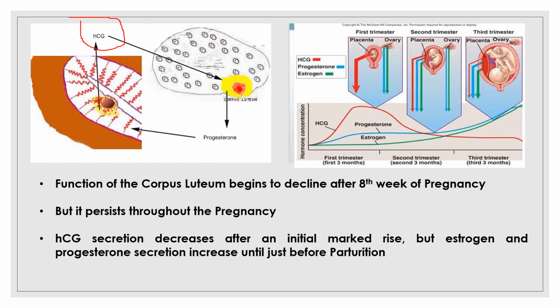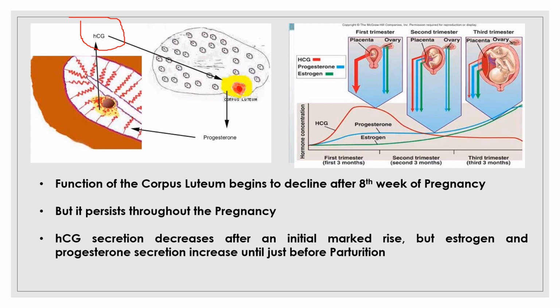We can see that in the first trimester, the major hormone secreted is HCG, coming from the placenta, and you can see the level of HCG is so high. Now what is the function of the corpus luteum, the ovary? It is secreting estrogen and progesterone, which are gradually rising.